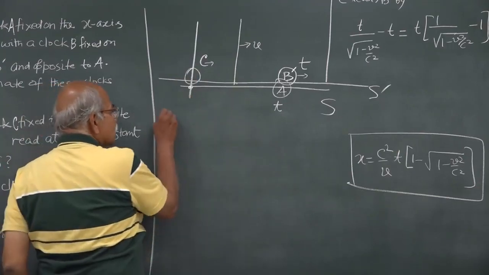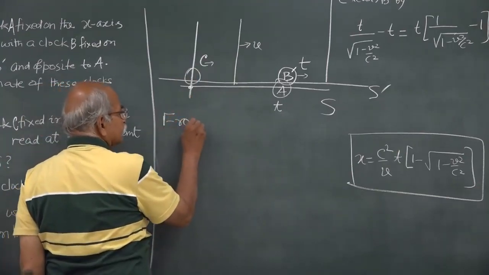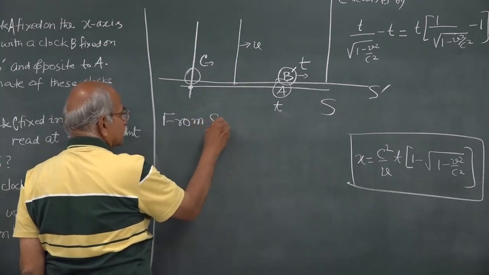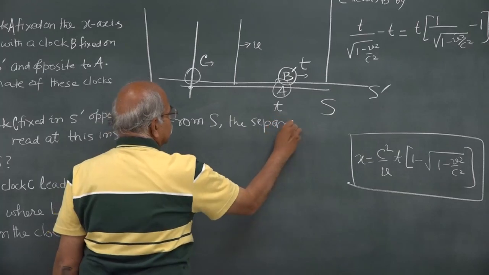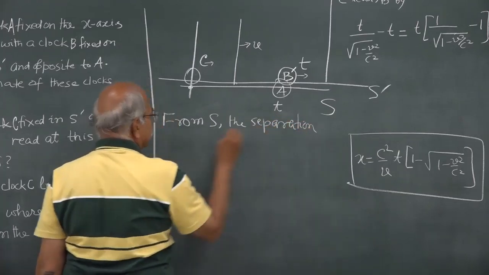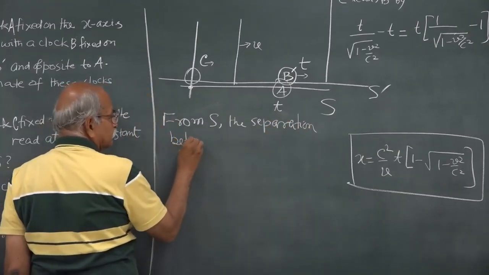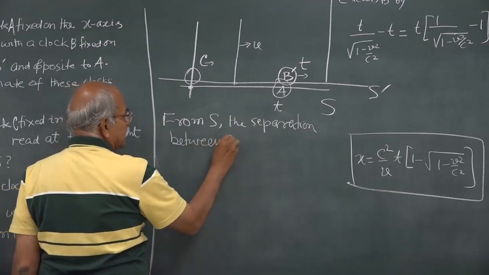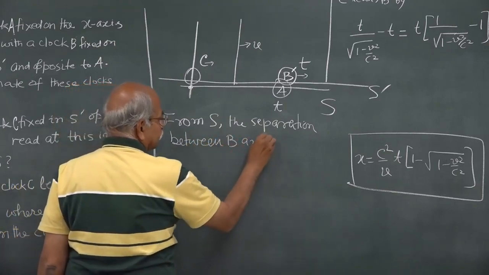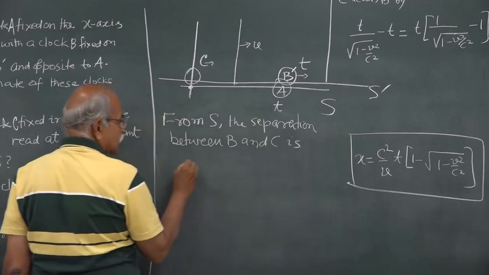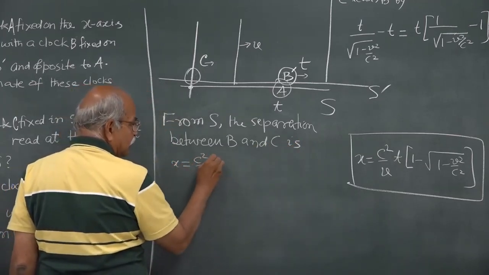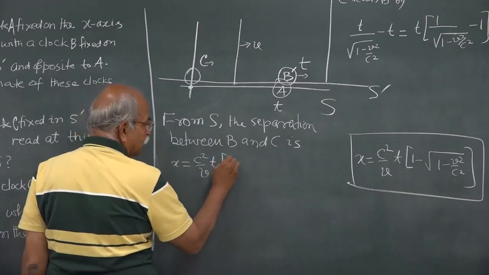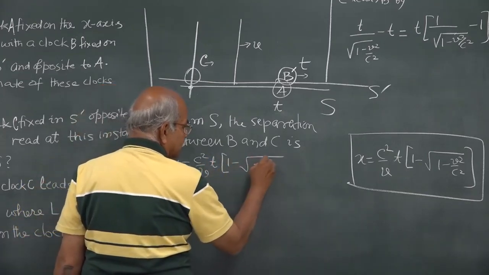So, from S, the separation between B and C is x, and that is c square by V into t, times 1 minus square root of 1 minus V square by c square.